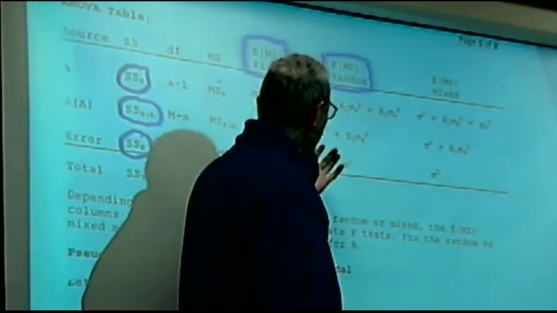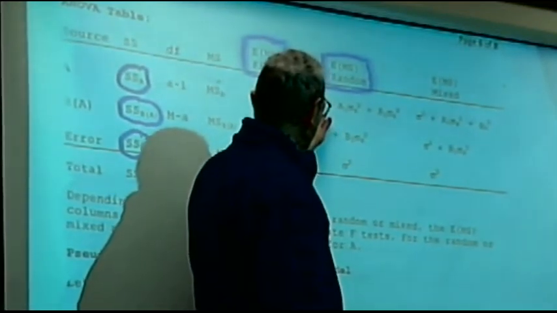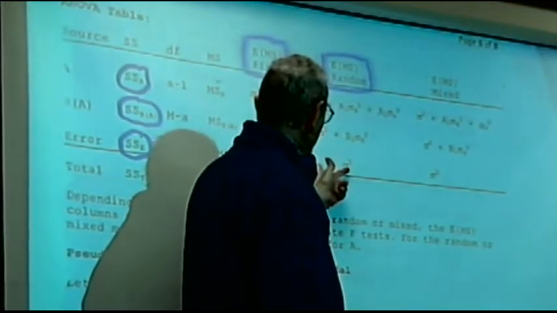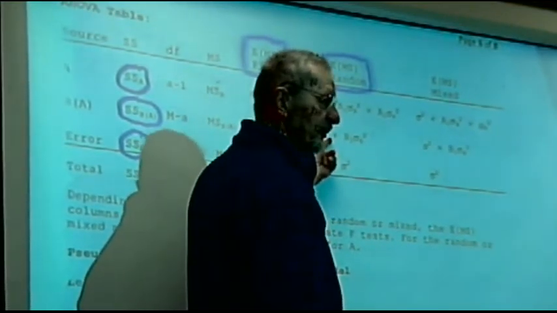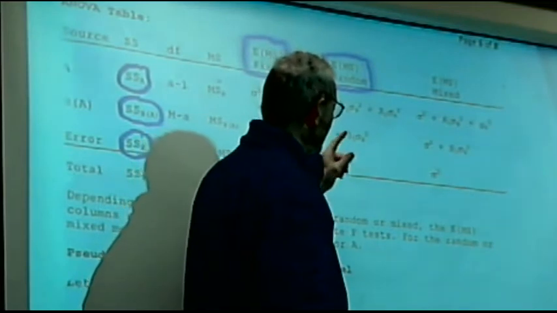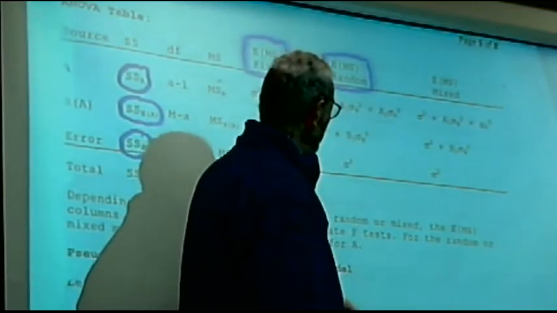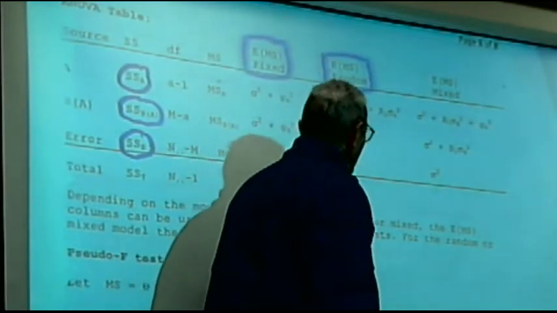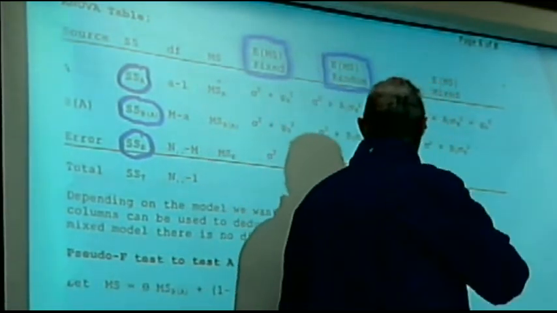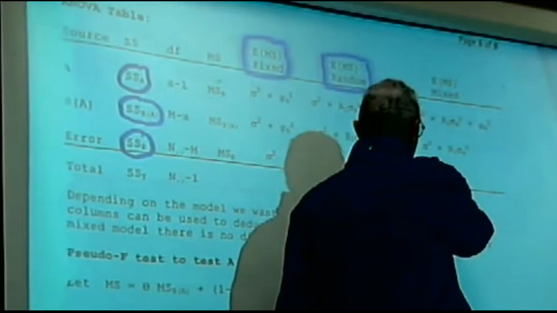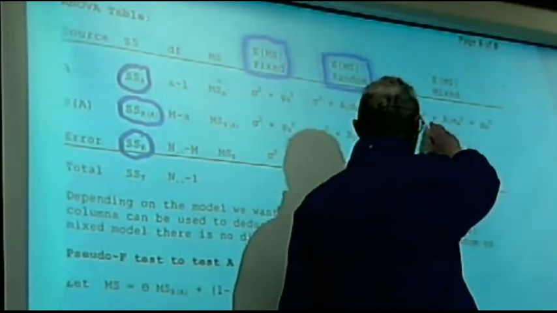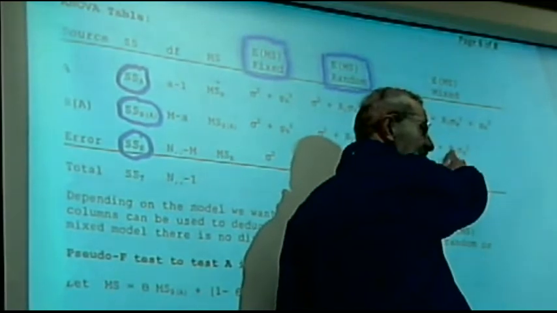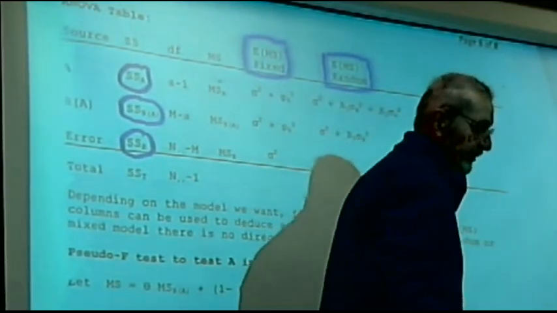So you don't have a natural denominator for testing A. You do have a natural denominator for testing B. Here it is. You use it as a denominator for this one. And then the same kind of thing happens over there in the mixed model. We have a natural denominator for this one, namely the error. We don't have a natural denominator for A. This one doesn't work. It's not the only constant that works.